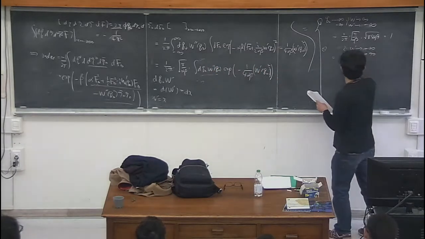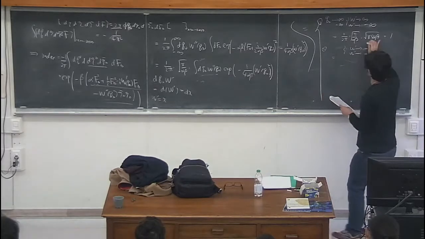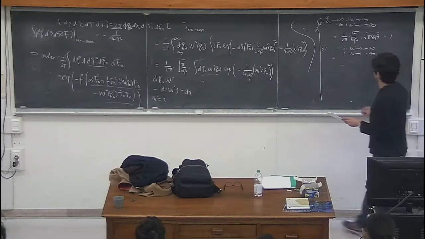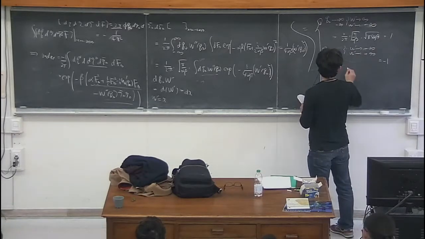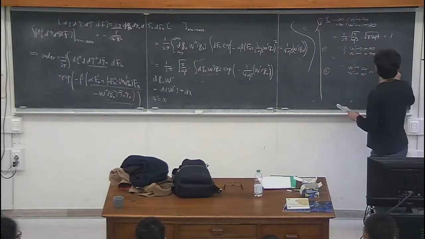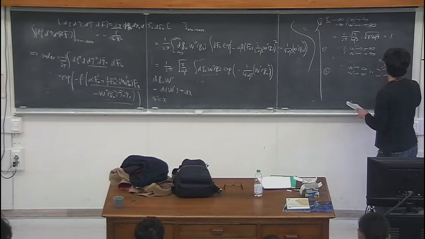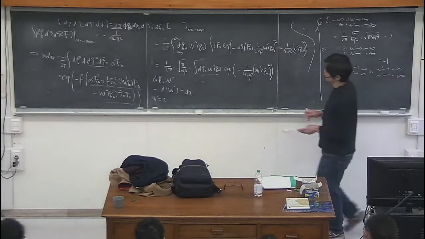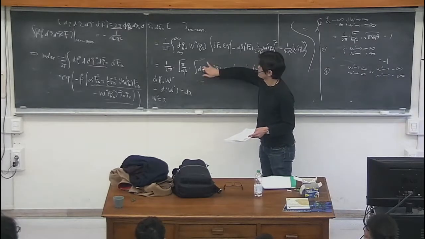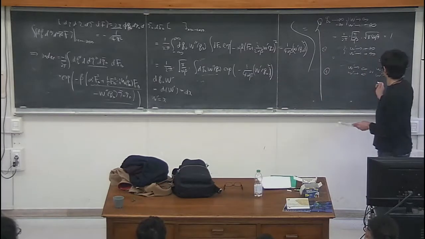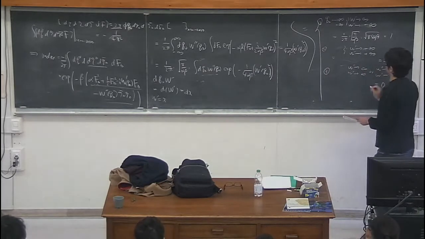So this gives minus 1, like here, but the sign is changed, minus 1. And 3, w prime is plus infinity at both ends, or minus infinity at both ends. In this case, the integration is infinity to infinity or minus infinity to minus infinity. Of course, it's 0. So this is 0.